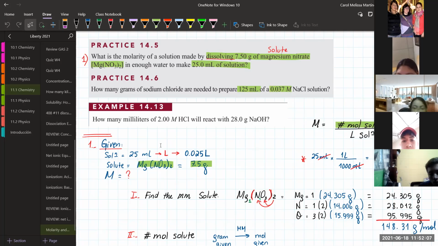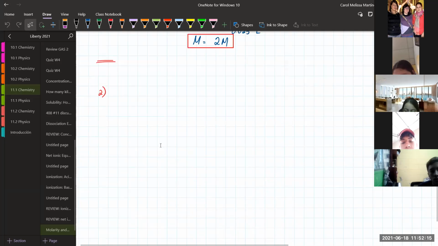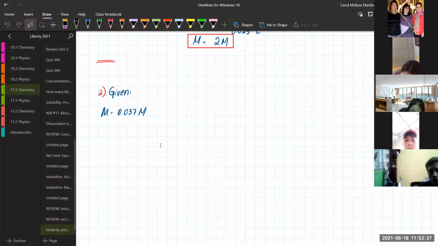So molarity equals 0.037 M, and the solution has a volume of 125 milliliters. Remember, you can do the conversion directly.